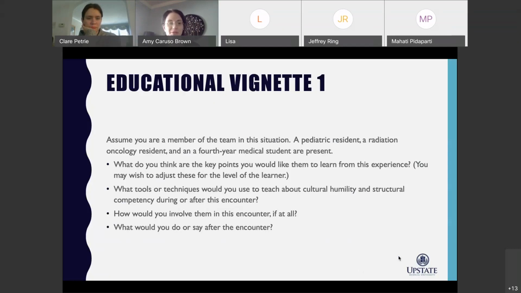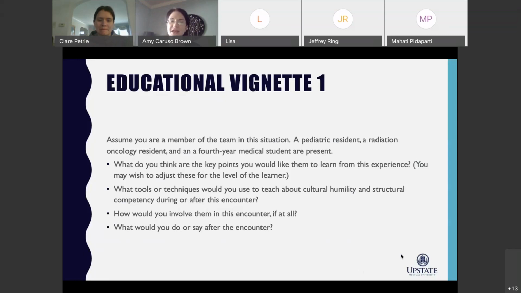I also would probably want to say something about what the radiation oncologist said at the end. When a family asks us to pray for them, what is the right response? Not that there's any one right response, but how do we respond to that? How might they respond to it? Are they okay with what the radiation oncologist said, saying, I'll pray, but I'm going to pray for you to accept radiation?